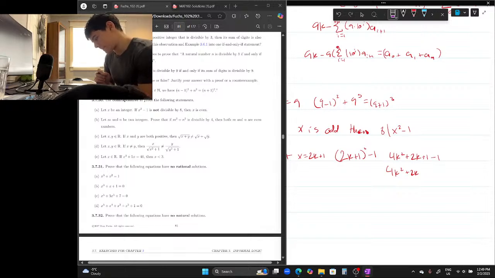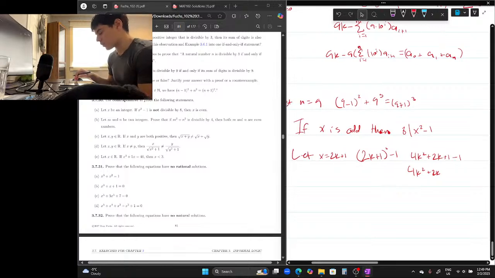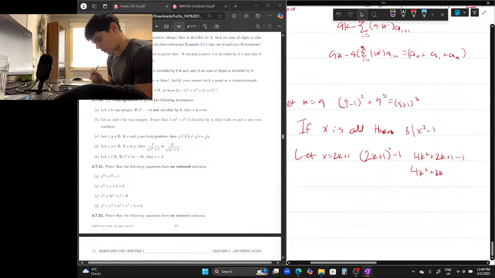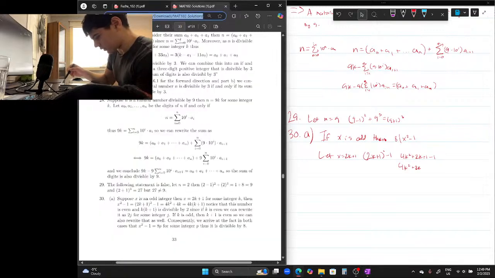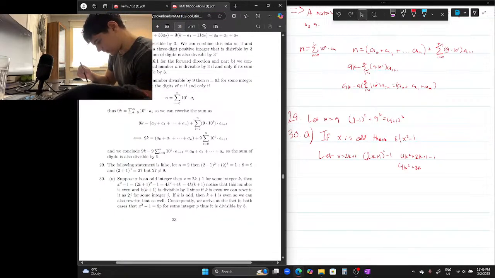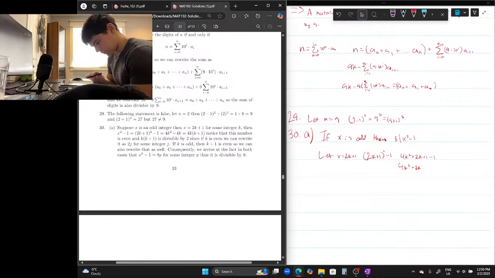Interesting. That's not true. So my contrapositive has to be wrong. What's the contrapositive of this? Then x is equal to 2k plus 1 for some integer. Notice that this number is even and k plus 1 is divisible by 2. Okay, understandable. What? Wait.